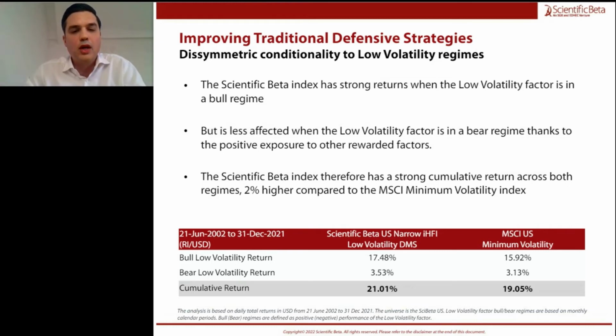So all in all, by being positively exposed also to the other well-rewarded factors, you manage to get a better distribution of returns, whether the low volatility factor is doing well or not. So you solve this very important problem that traditional defensive strategies do not solve.